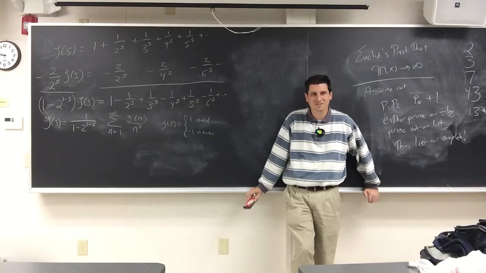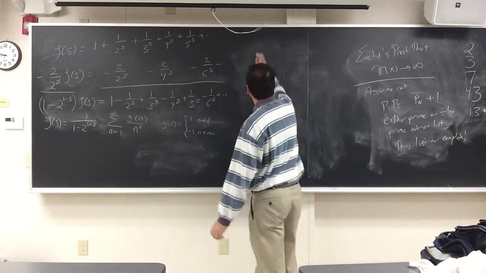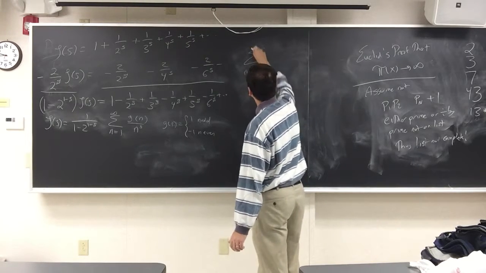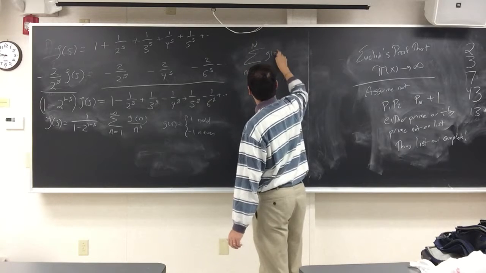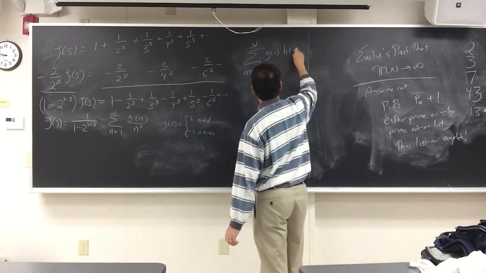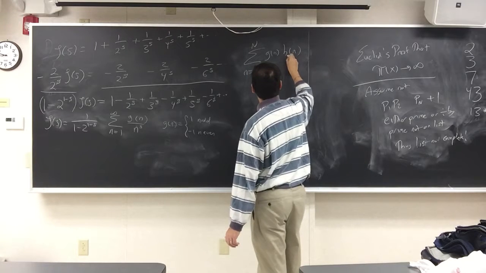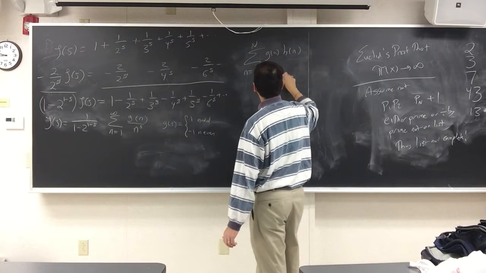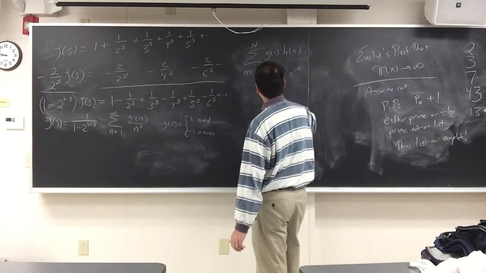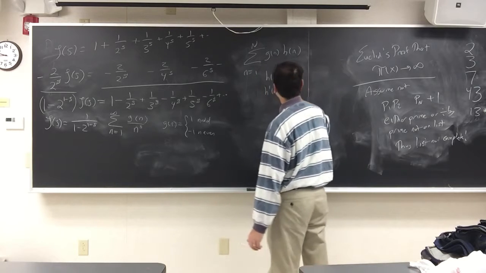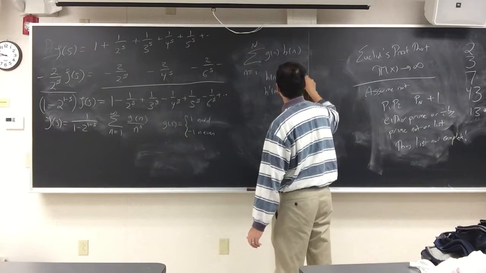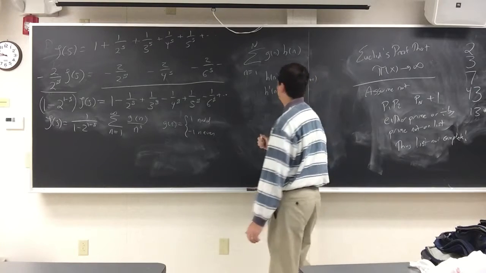Partial summation. Right? Let's look at the sum, n goes from 1 to big N, of g of n h of n, where h of n is n to the negative s, so h prime of n is going to be negative s, n to the negative s plus 1.